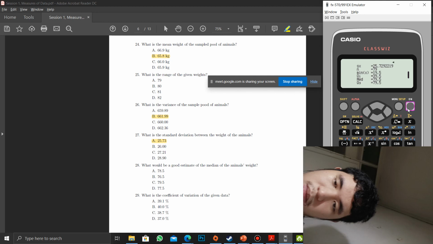Ano ulit yung formula natin? Sige, let's go. Formula: lower bound of the median class. Kanina, ang nakuha natin median class is the 70 to 89.